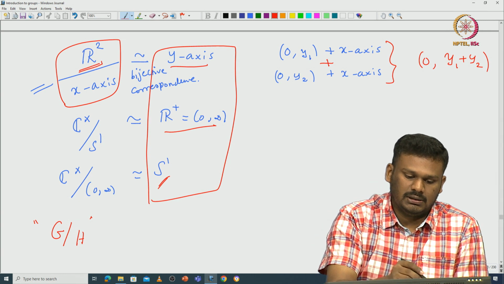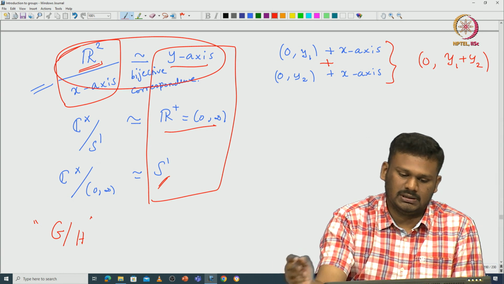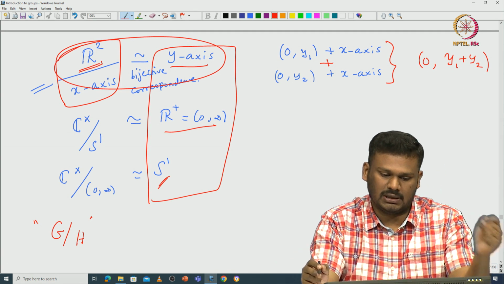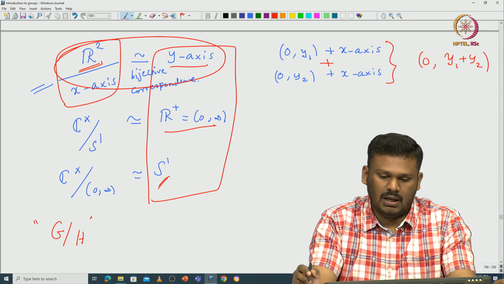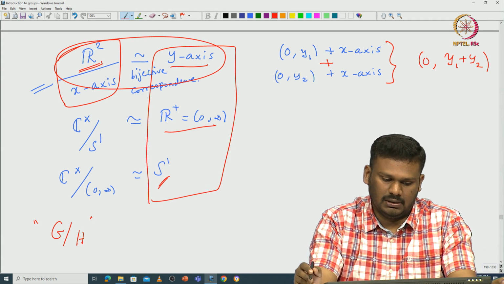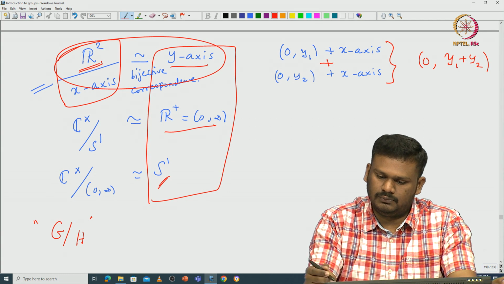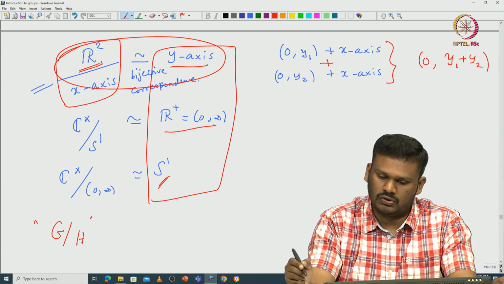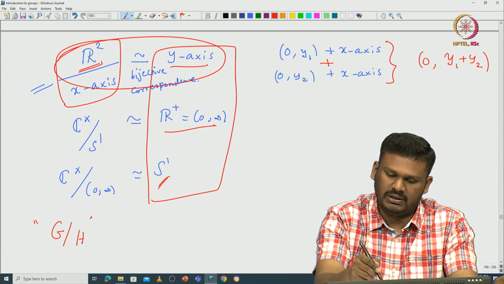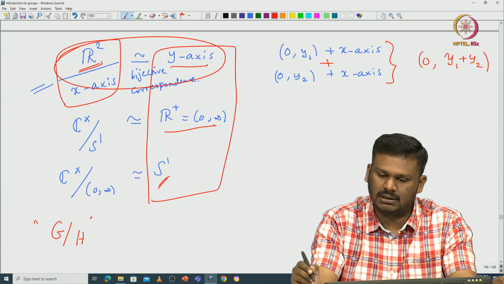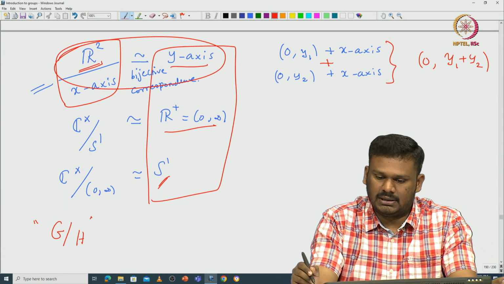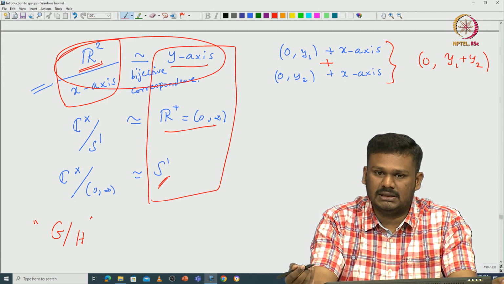Otherwise, this correspondence will be lost. The group structure on the right side cannot be carried to the left side. So these two things should match. We should be able to define addition here, but we already have addition in R2.